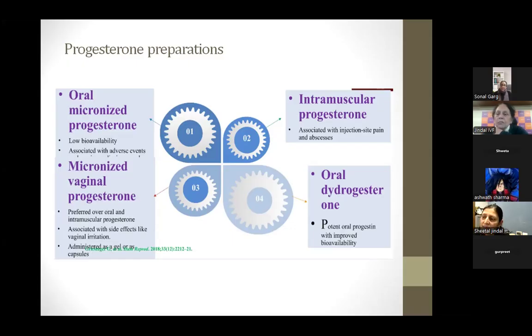And there are few agents which can just improve the blood supply so that the overall drug which is delivered, or maybe just the factors which we want, should reach the embryo, they can be improved with the help of additional agents like heparin, ecosprin, and all. So this is the concoction of the entire luteal support which we would like to give to the blastocyst which we are going to transfer.